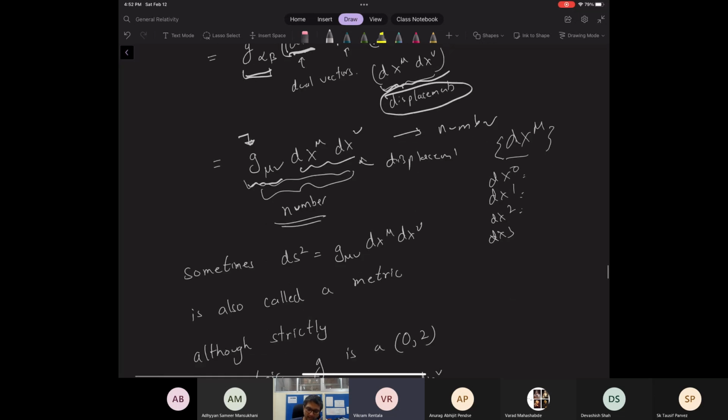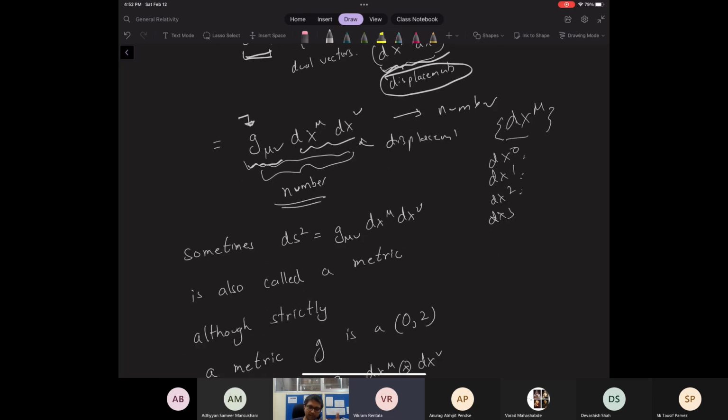Now you're seeing that this is getting back to your special relativity notation, because now I'm just computing a number. This is not a dual vector, this is just a number. Sometimes we refer to this distance element between two infinitesimally nearby points as a metric, like in special relativity, where g mu nu is taken to be this eta mu nu matrix.